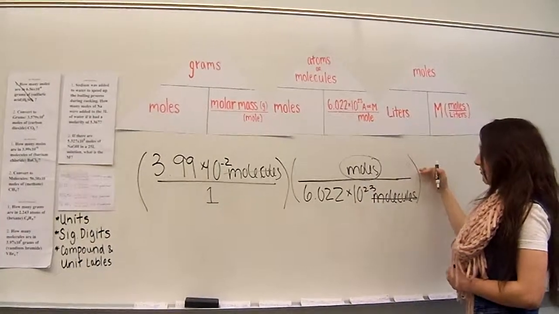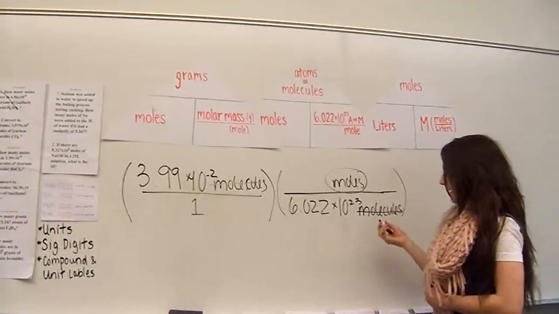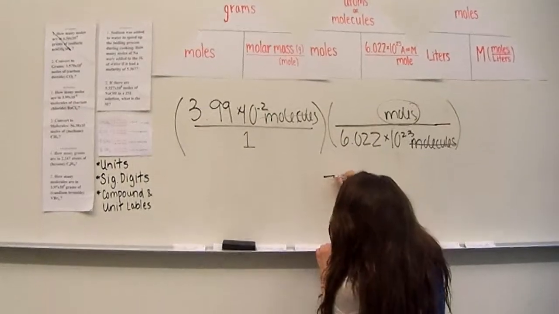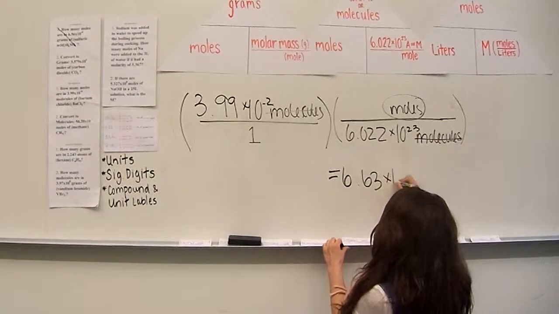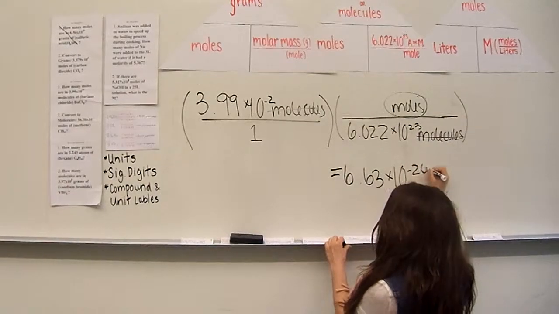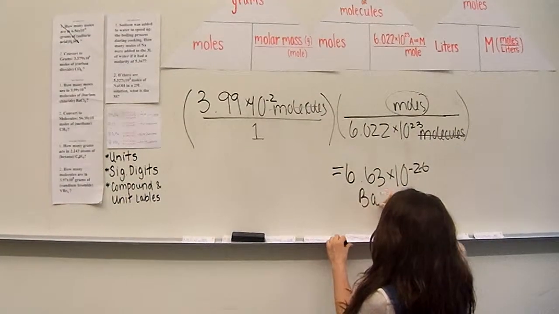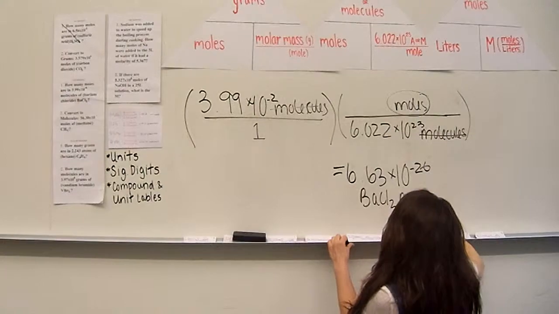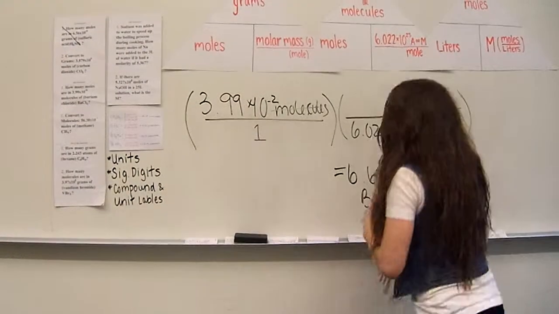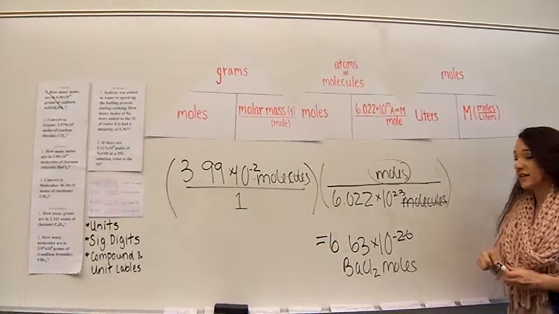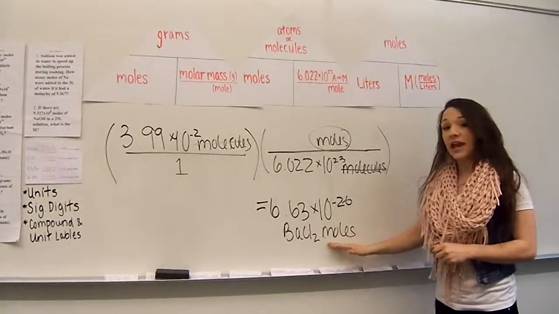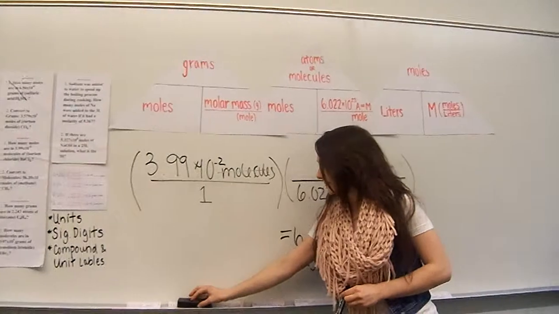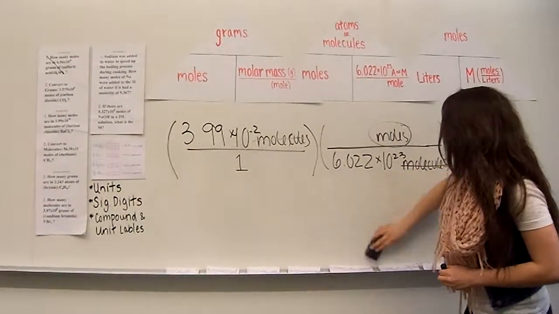Once you multiply everything on the top and divide it by everything on the bottom, we will be given 6.63 times 10 to the negative 26 BaCl2 moles. My final answer has 3 significant digits, just like my given, and I also have the compound and the unit labeled. We will now move to the fourth problem.